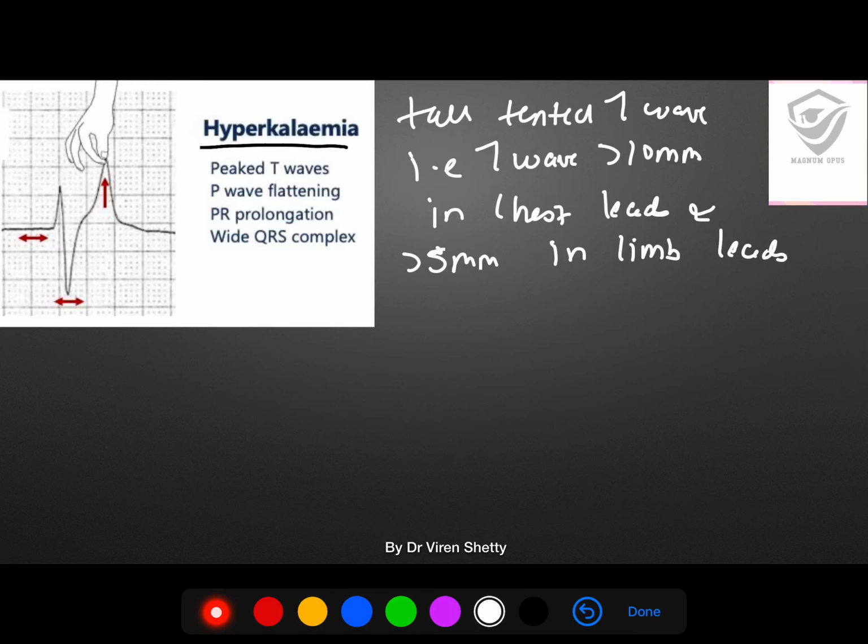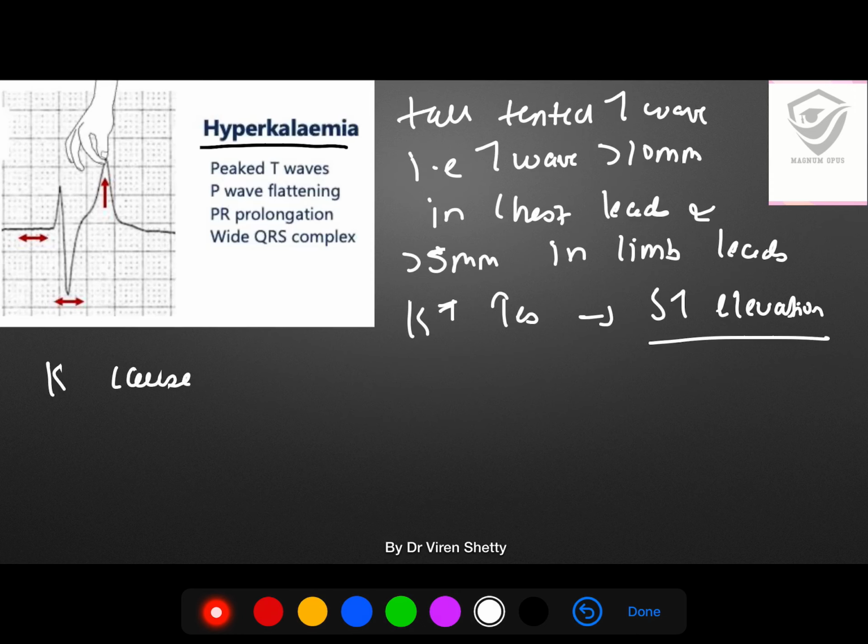That should be present to call it a tall tented T wave. In these patients, as the potassium value increases, you also will see ST elevation. So ST elevation is seen in hyperkalemia as it progresses.